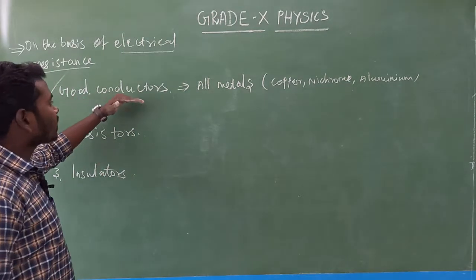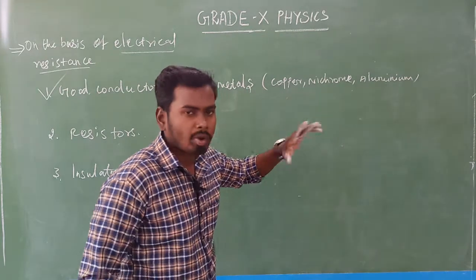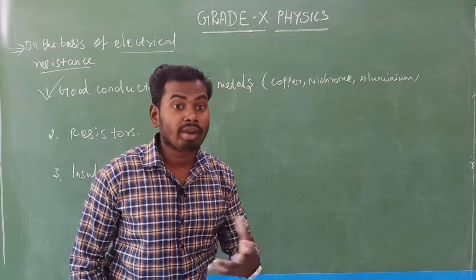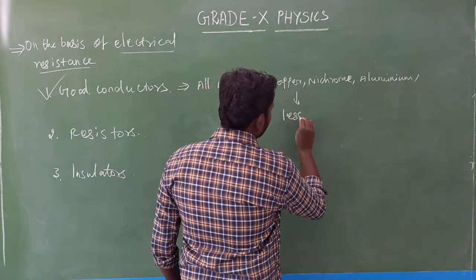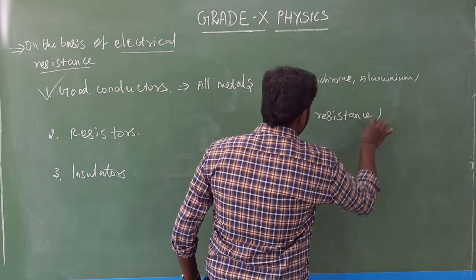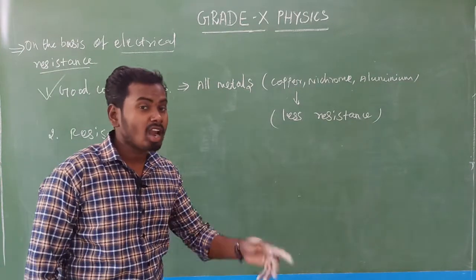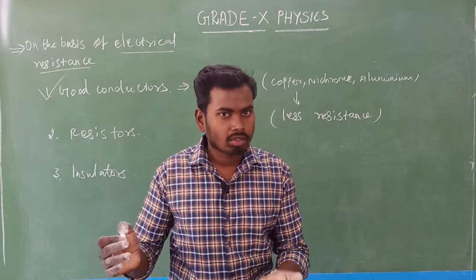Here, the good conductors such as copper, nichrome, aluminum, and all metals have a very small amount of resistance. This is a very important point. Already we know what resistance is: the collision is called resistance.